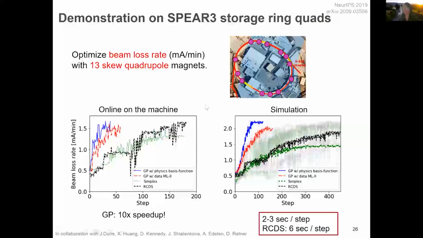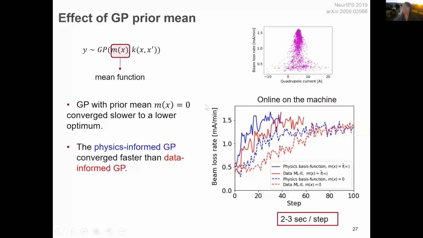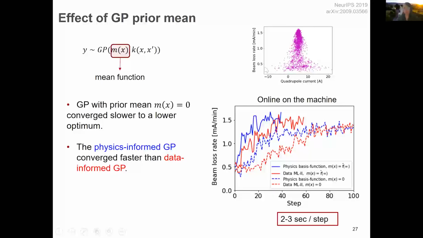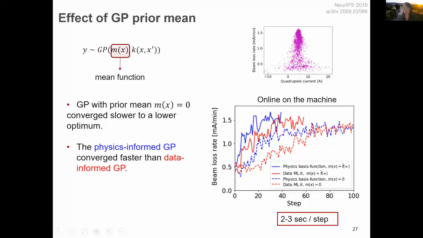Another point that I wanted to show here is the effect of the GP prior mean. Remember, we saw a few slides ago that the Gaussian process has a mean function and also a kernel function. In our case, the beam loss rate had an offset of the gas scattering background, which has a value of 0.3, so it's not 0.